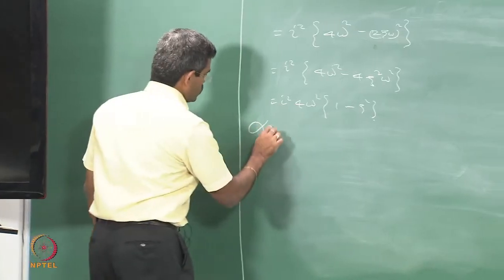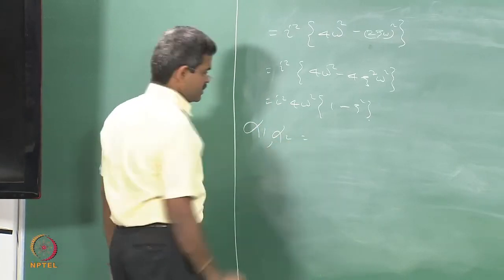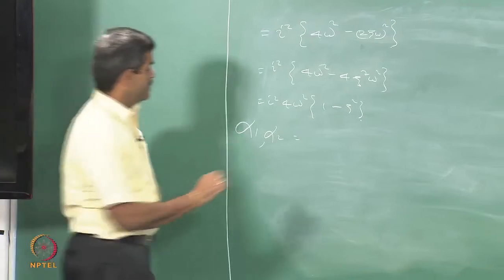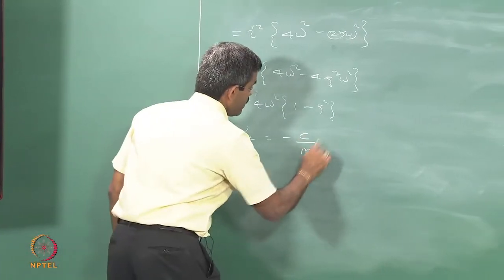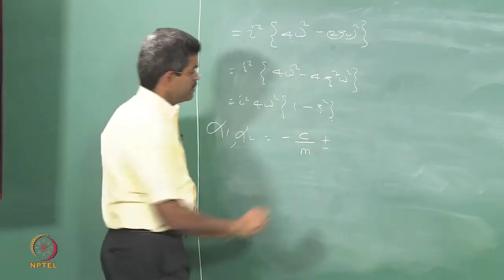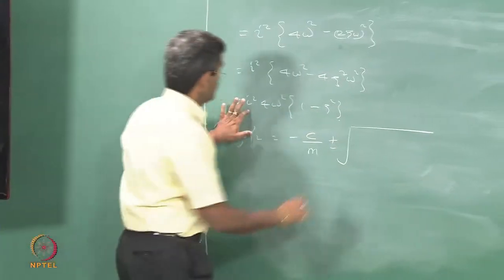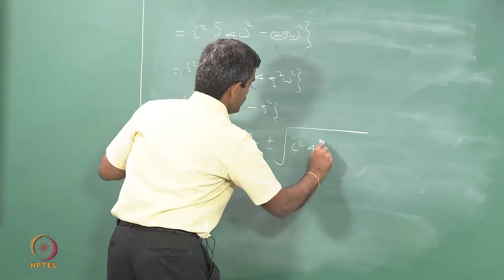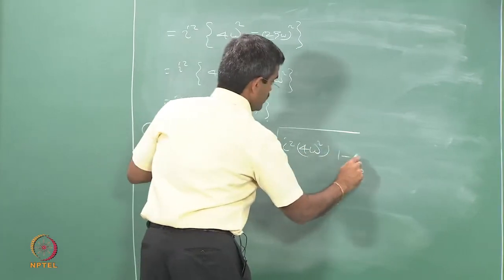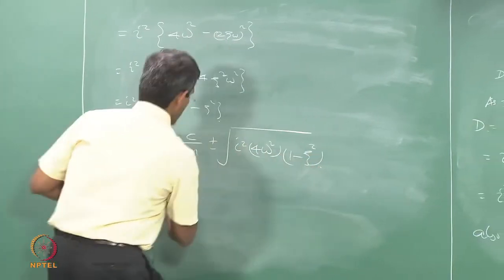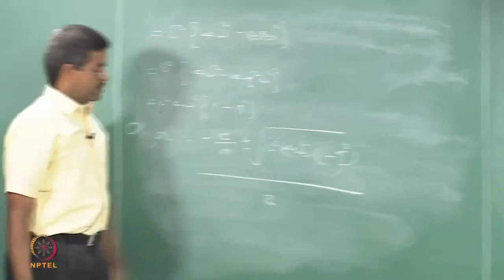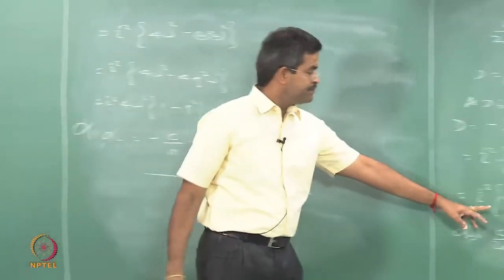Now, we can write the roots alpha 1, alpha 2 as, that is how this 4 has gone in.